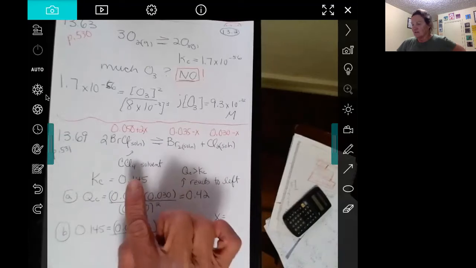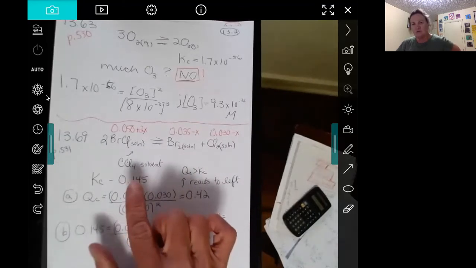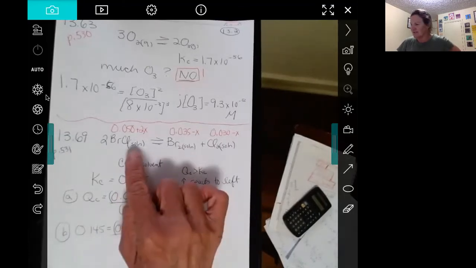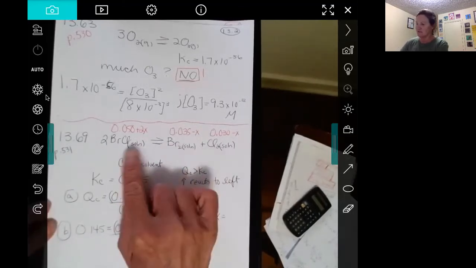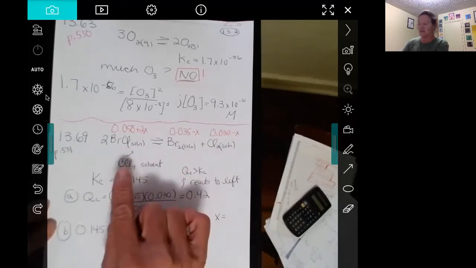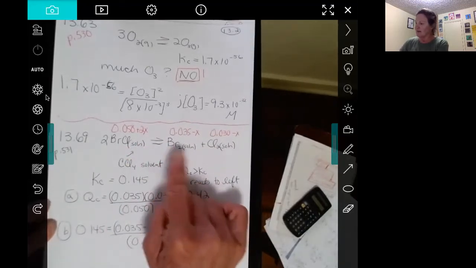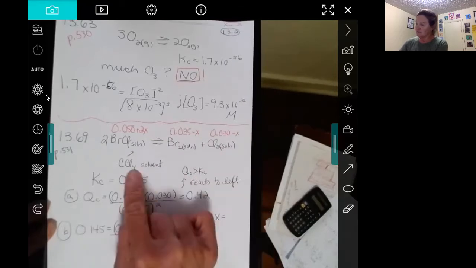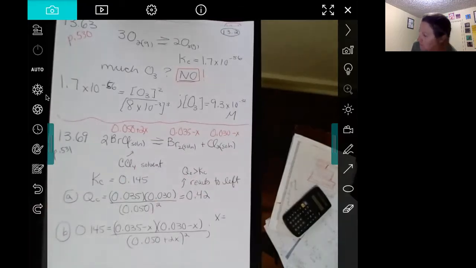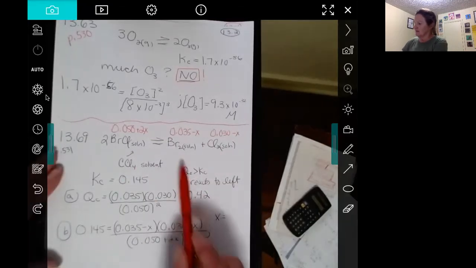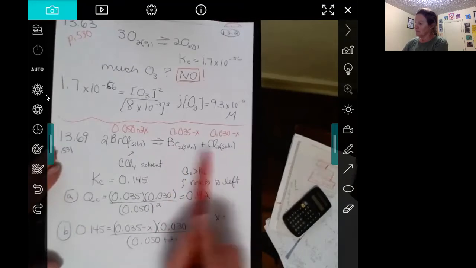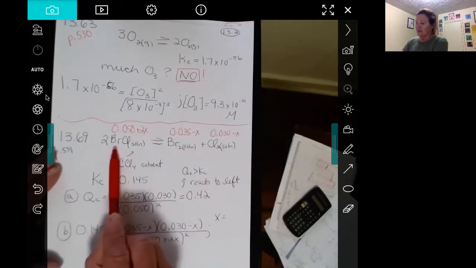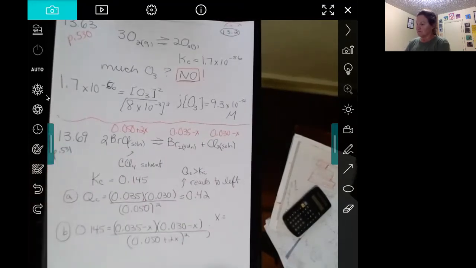So the solvent is carbon tetrachloride, which won't be important, but the important thing is these aren't pure liquids. They're solutions of these things. So you have bromine in solution with carbon tet, chlorine in solution with carbon tet. So when we write the equilibrium constant, it'll be bromine times chlorine divided by the bromochloride squared.